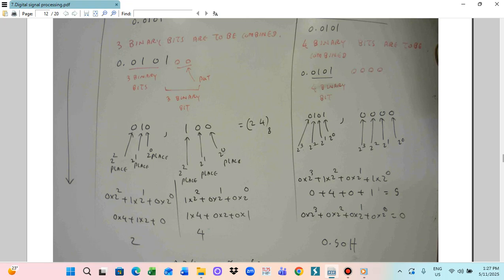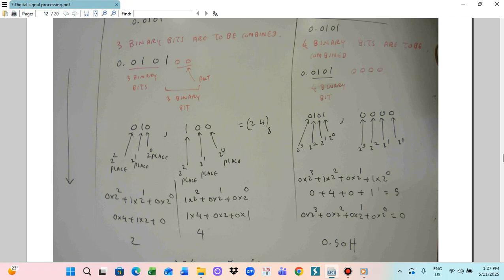So 0 multiplied by 2 square, plus 1 multiplied by 2 power 1, plus 0 multiplied by 2 power 0. That gives 0 multiplied by 4, plus 1 multiplied by 2, plus 0. So 010 gives 2. Similarly 100 means 1 multiplied by 2 power 2, plus 0 multiplied by 2 power 1, plus 0 multiplied by 2 power 0.